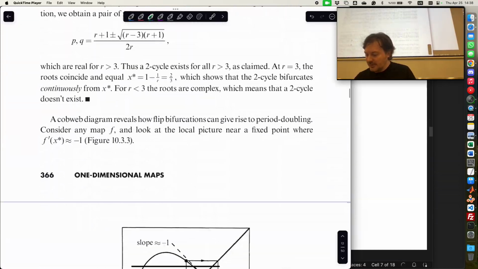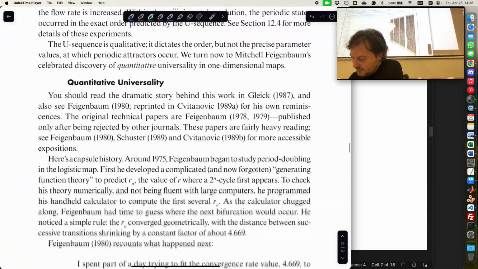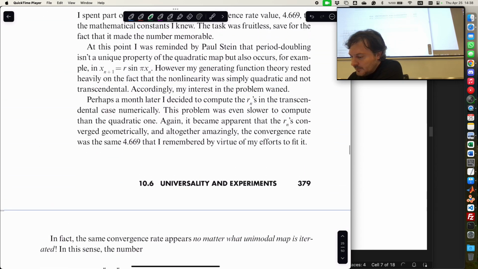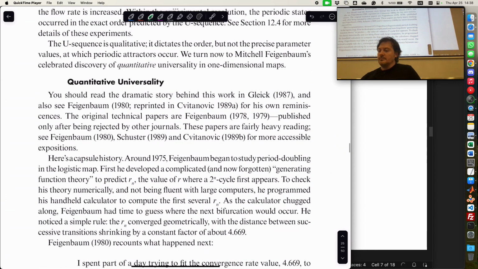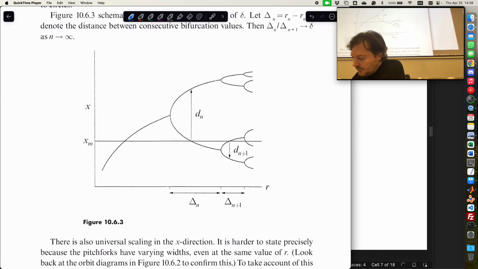What do we mean by that? Let me just find the relevant place here. Okay. So, it turns out that there is some mathematics, some geometry hidden here. Let me show you how. You have a bifurcation here, right?